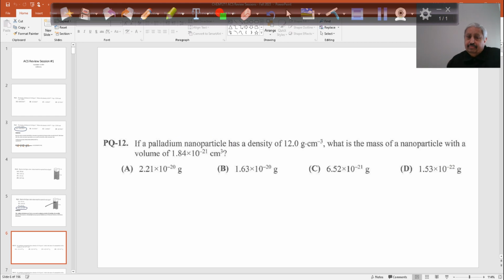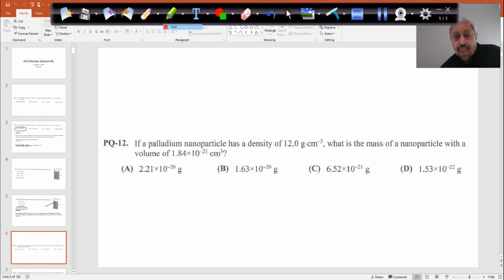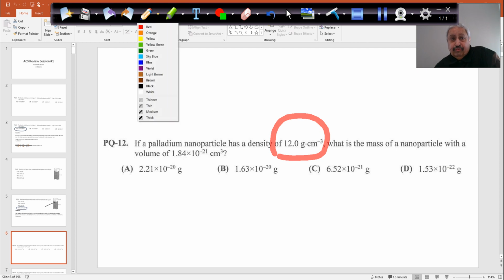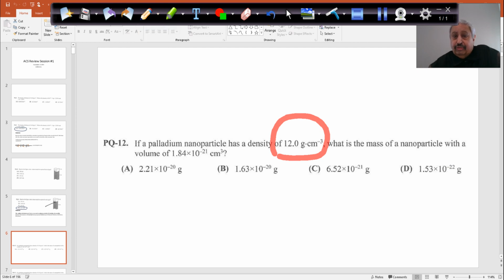If a palladium nanoparticle has a density of this, the density given to you, correct? This is the density here. What is the mass of nanoparticle with a volume of this? So remember, I put for you the formula here. It is very crucial to know that you have a main formula.